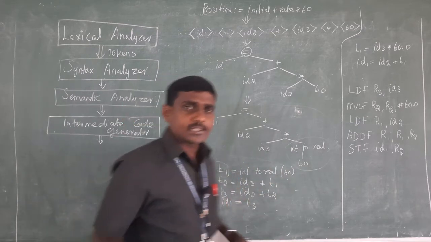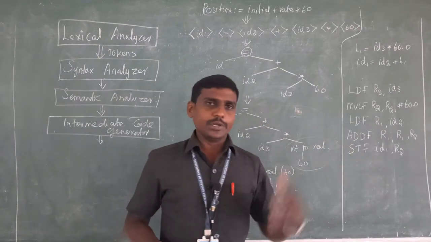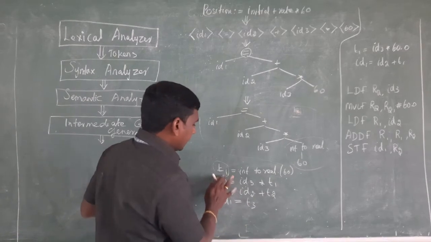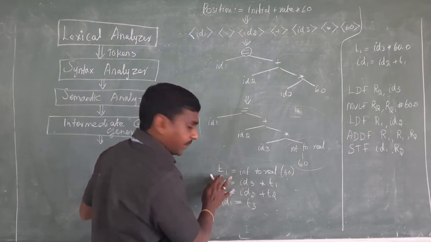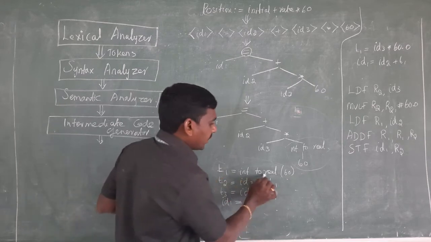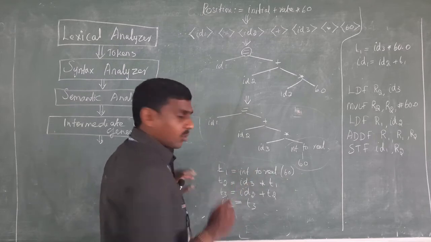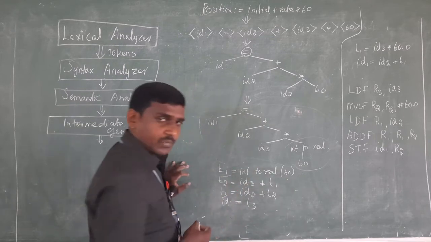T1, T2, T3 are the intermediate code phases that we will study in the 4th unit. T1 is temporary memory 1, then temporary memory 2, temporary memory 3, and so on. Int to real of 60 converts the integer value into a real value, then it is stored in temporary memory T1. Clear?